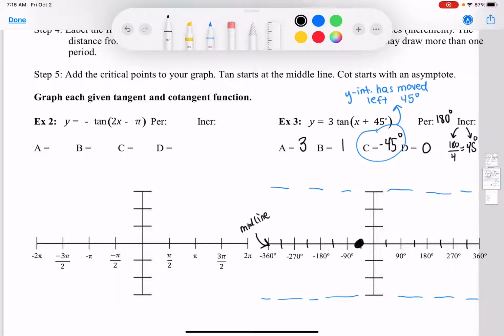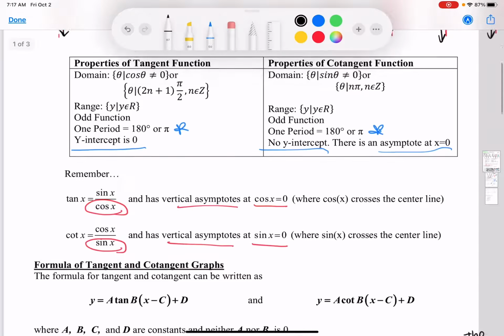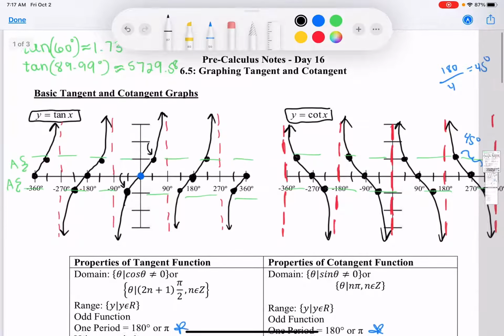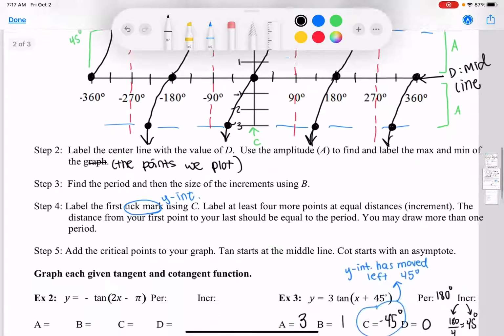What that does is it shifts everything to the left 45 degrees. So before, for our parent functions, we had asymptotes at negative and positive 90 and -270 and positive 270. All of those asymptotes are going to move to the left 45 degrees. So I'll go ahead and draw those.